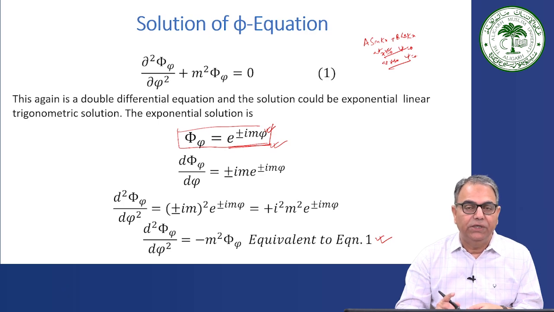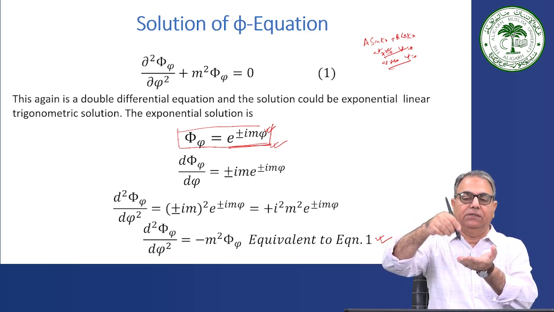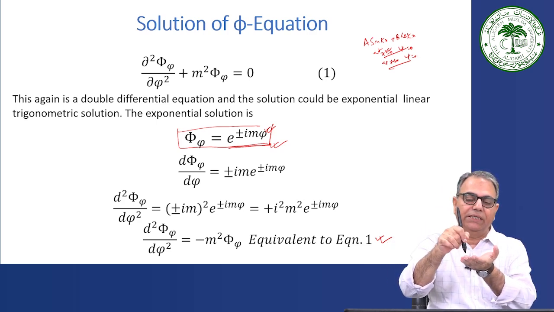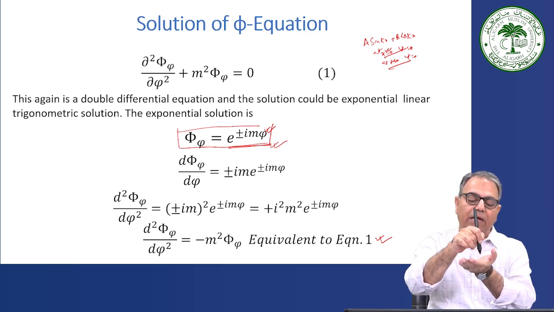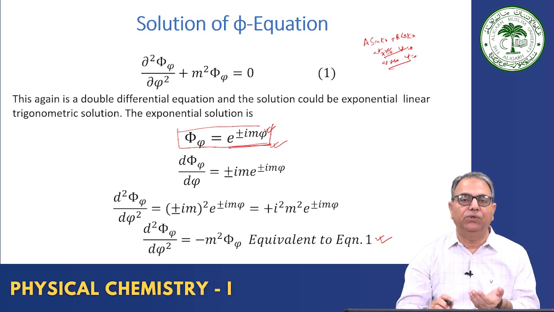I said in spherical polar coordinates, phi varies from 0 to 2 pi. Phi is 0 when you drop a perpendicular on the x-axis. Your particle is exactly on top of the x-axis. Okay, you drop a perpendicular and it falls on the x-axis, then the line joining this perpendicular and the origin will be on the x-axis, and it will form a 0 angle.